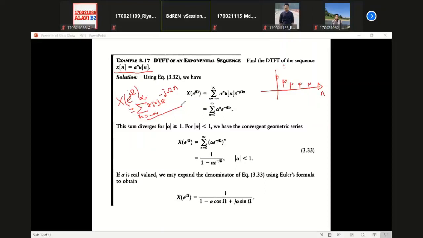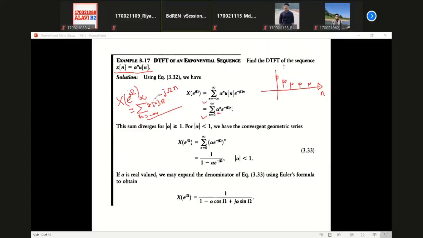So in our case, your signal exists from n equal to where to where? 0 to infinity. Yes, because your u[n] signifies that we have our signal from n equal to 0 to infinity. So your sum will be from 0 to infinity. And within this region, our signal is alpha to the power n.